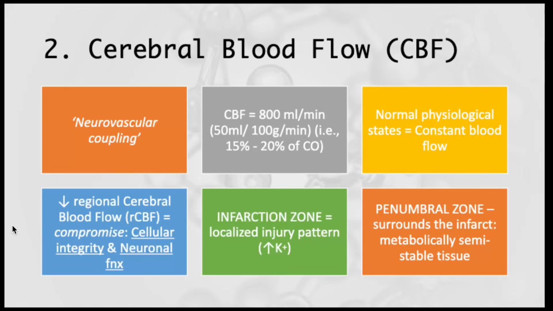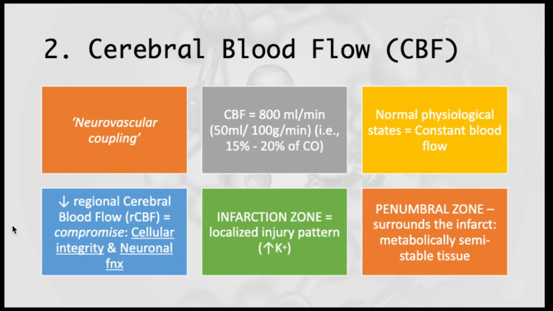So in a normal state, there's constant blood flow. However, when there is a decrease in regional cerebral blood flow, i.e. when there is an infarct or a stroke or something like that happening, you get compromise of cellular integrity and neuronal function.